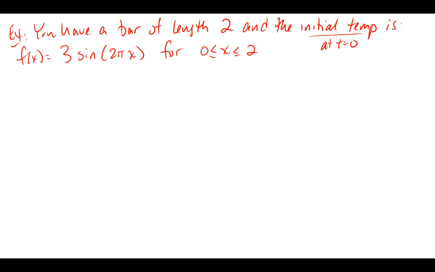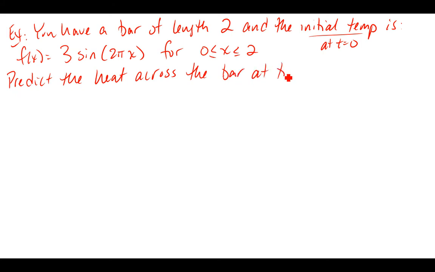So the question then is, predict the heat across the bar at time t. In other words, solve the PDE to get the equation for the temperature profile, the temperature across the bar at time t.